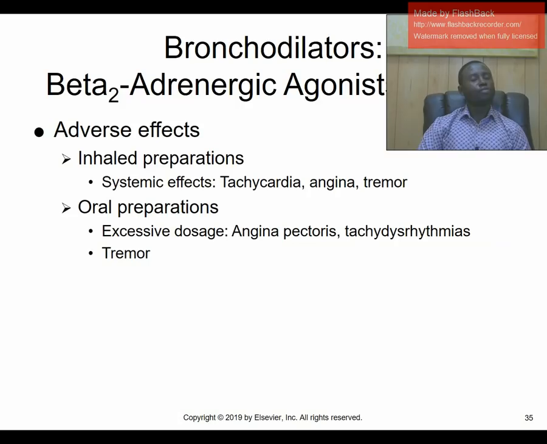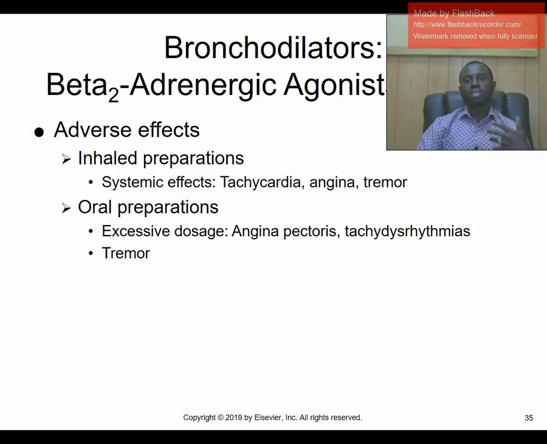The inhaled forms of beta-2 adrenergic agonists rarely cause systemic side effects. However, excessive dosing with oral beta-2 agonists can cause tachycardia and angina, which is chest pain, by activating beta-1 receptors on the heart.